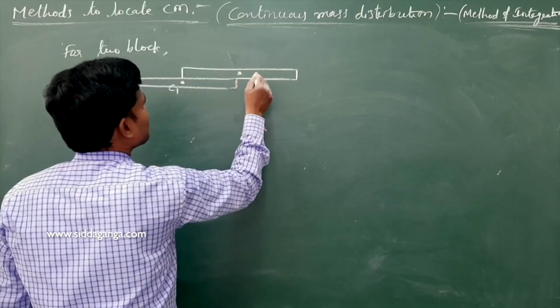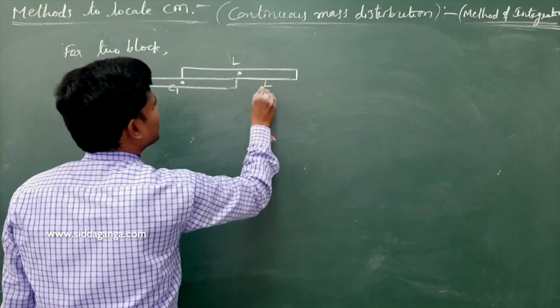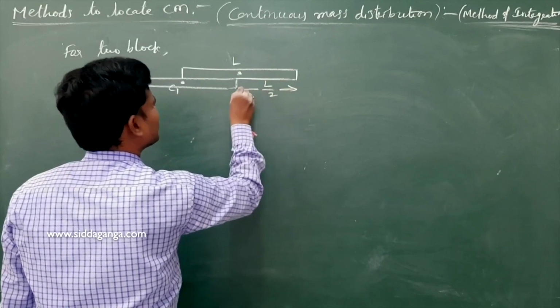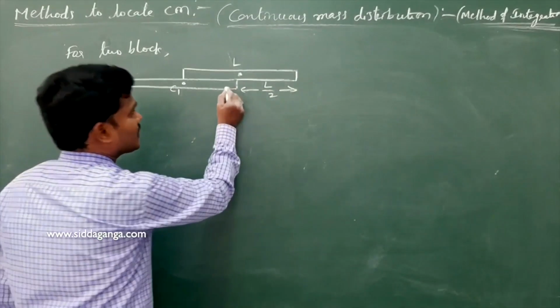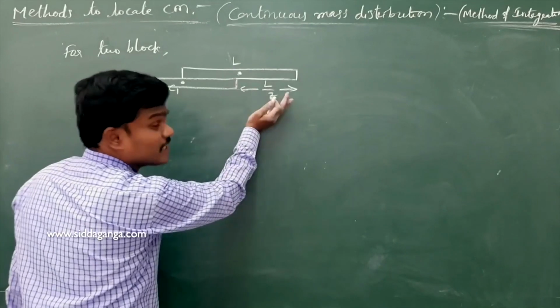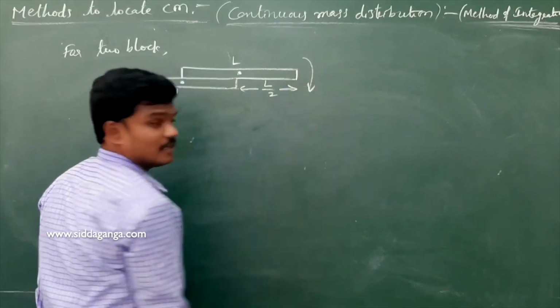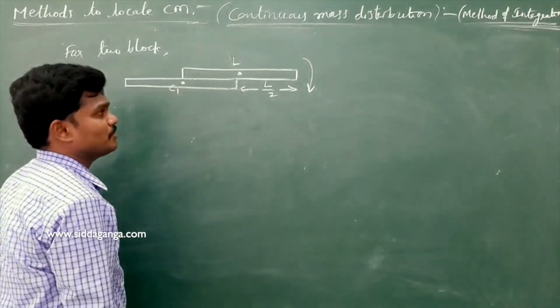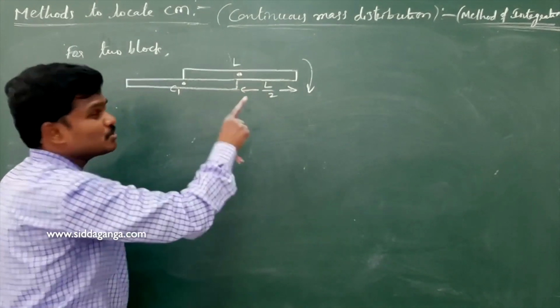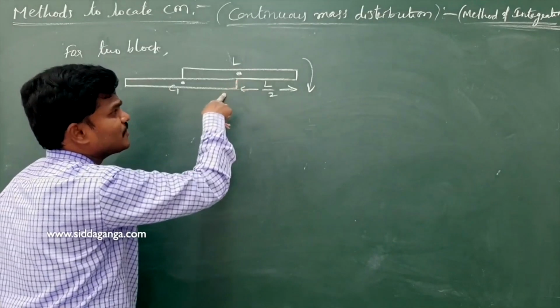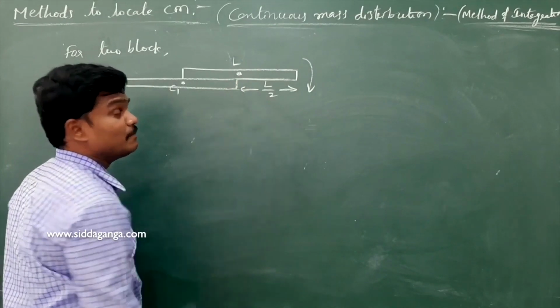So here L is the length, and the overhang is L by 2. If it is more than L by 2, this block topples. So the maximum extension so that the second block does not fall from the first block is L by 2.